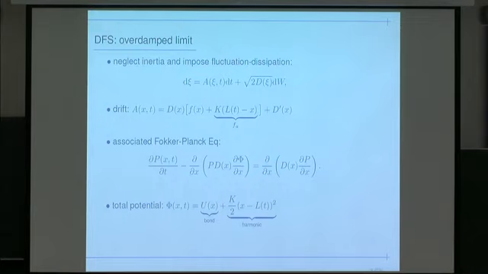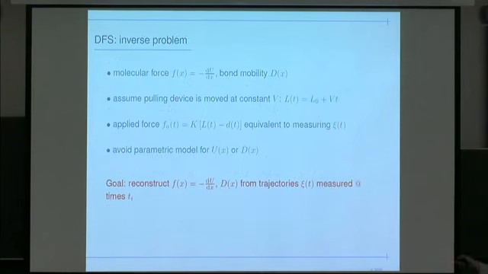And this is my associated Fokker-Planck equation, where the total potential is the bond energy part plus the harmonic part that I'm pulling, with the spring constant, okay? So that's the total potential that I'm under. This is the molecular force. This is what we're going to reconstruct, and the bond mobility. We're going to look at these two as separate things to reconstruct, okay?